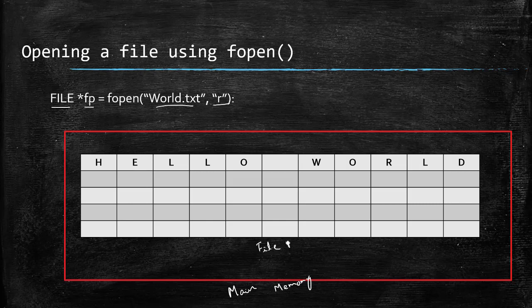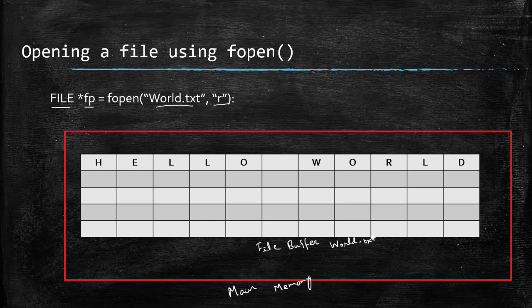It is a temporary storage in the main memory for world.txt. It is a continuous memory allocation, but to simplify our discussion, I have drawn it in a two-dimensional way, but it will be a single continuous allocation.